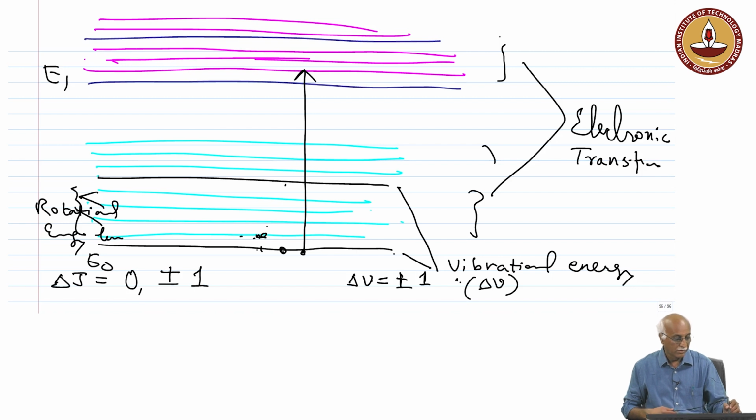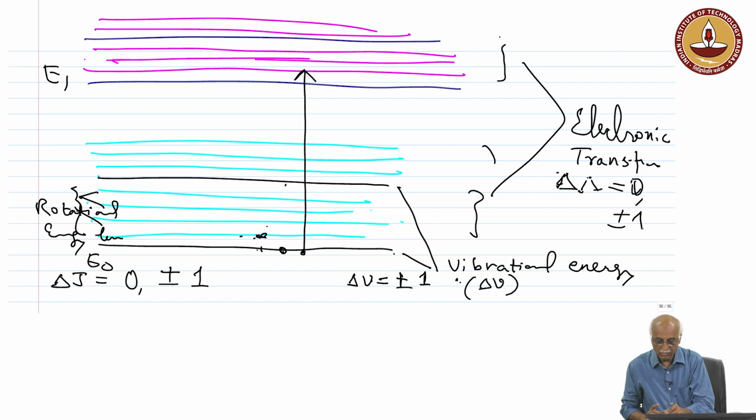And electronic state transitions are also represented by delta lambda, which is 0 or plus or minus 1. It is represented by this.